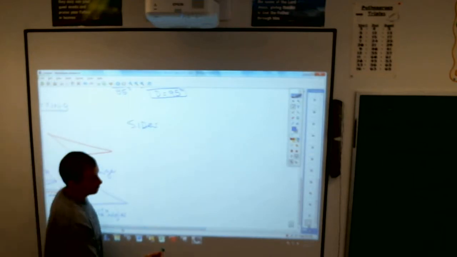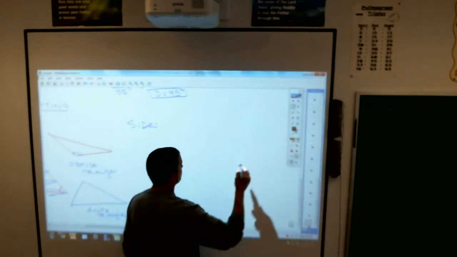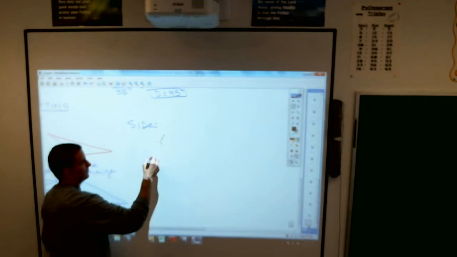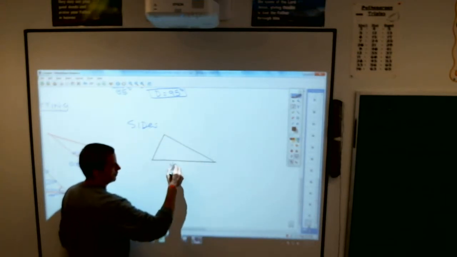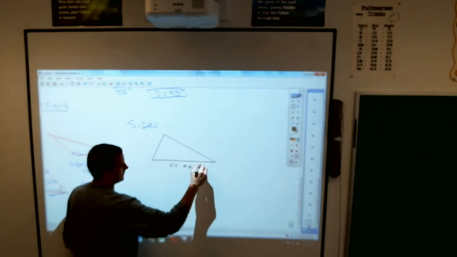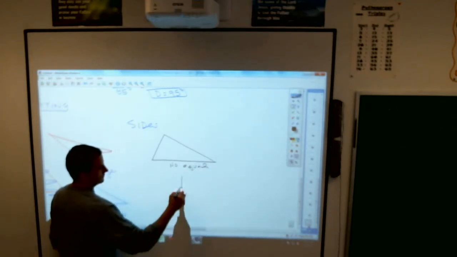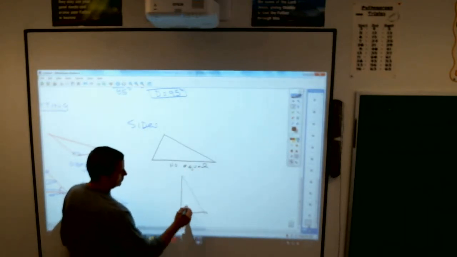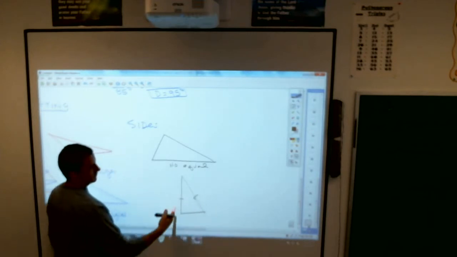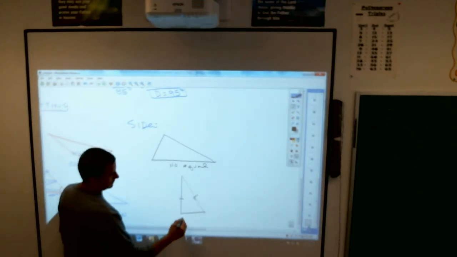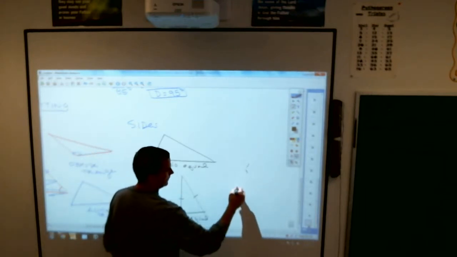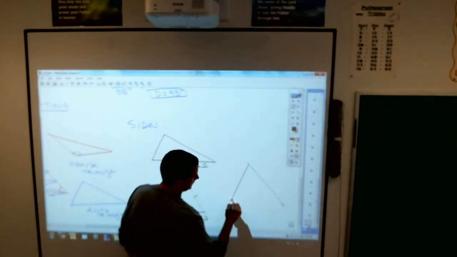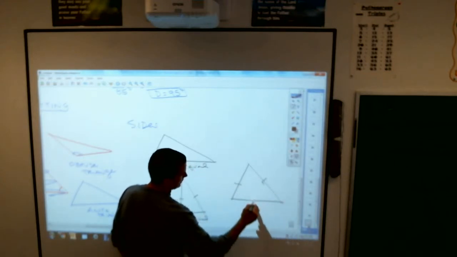What are your 3 options with sides? Either it can have no equal sides, or it can have two equal sides. By the way, in math, you show they're equal by putting a little slash there. Or it can have all equal sides.